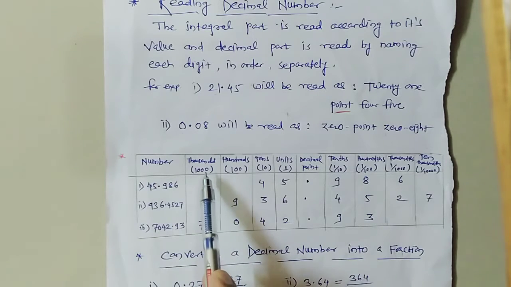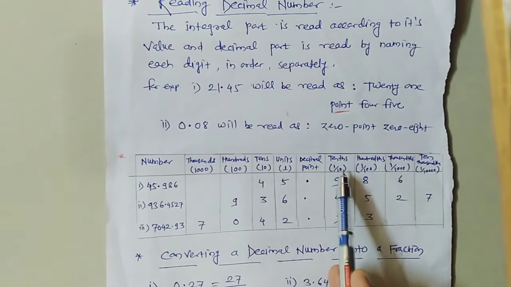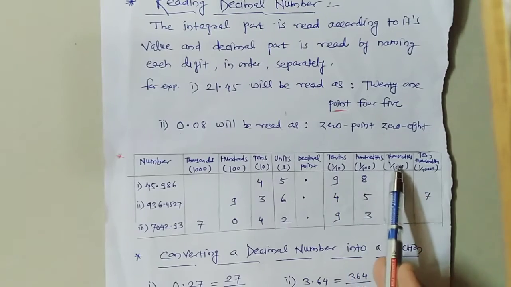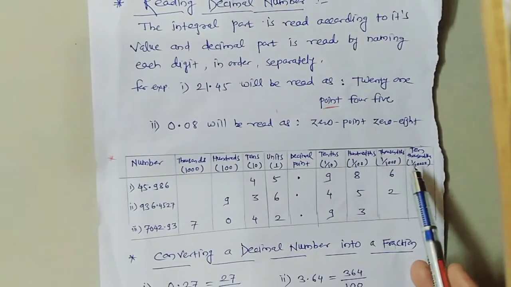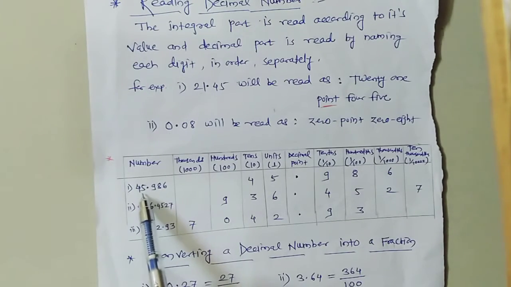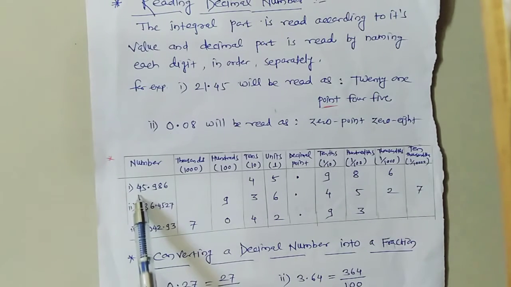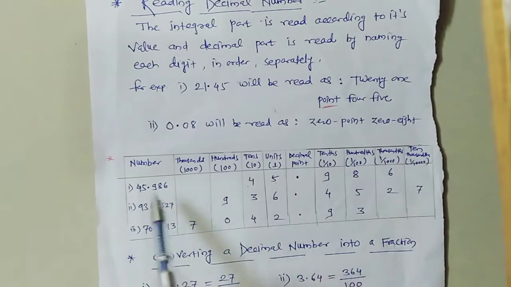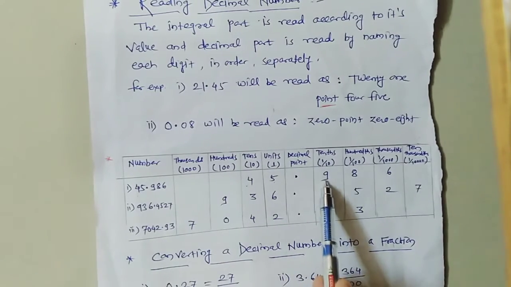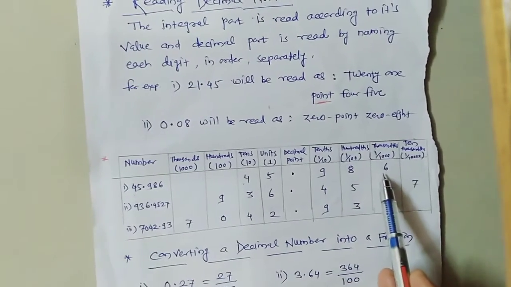This is the number: thousands, hundreds, tens, units, then decimal point, then tens, hundreds, thousands, 10,000s. Now see this decimal number 45.986. Here the place value of 4 is at tens place, 5 is at unit place, then decimal point, then 9 is at tens place, 8 is at hundreds place, and 6 is at thousands place.